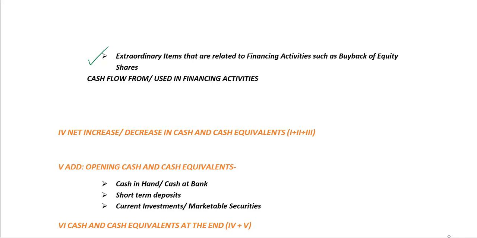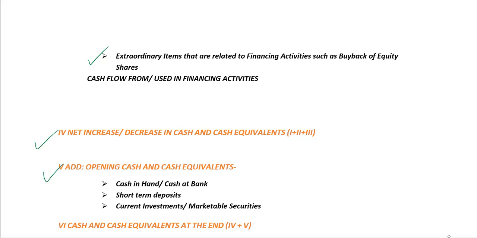Now we just saw Roman number 1, answer of operating activities, Roman number 2, answer of investing activities, and Roman number 3, answer of financing activities. We will add 1, 2 and 3 up and get the answer as net increase or decrease in cash and cash equivalents. Net increase if the answer is a positive figure, and net decrease if the answer is a negative figure.